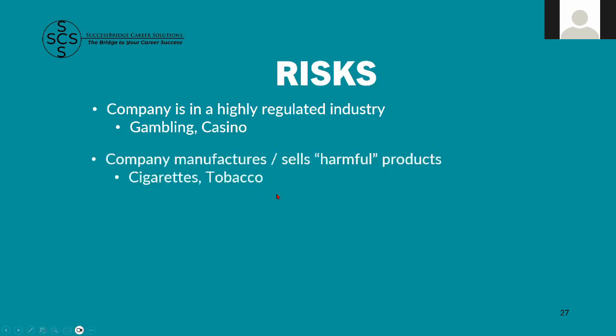So that is one, and the other is if the company manufactures so-called harmful products like cigarettes, tobacco, or chewing tobacco like pan parag, etc. Because suddenly, if the government wants to raise revenue, it may suddenly increase taxes on cigarettes and tobacco and whatnot.